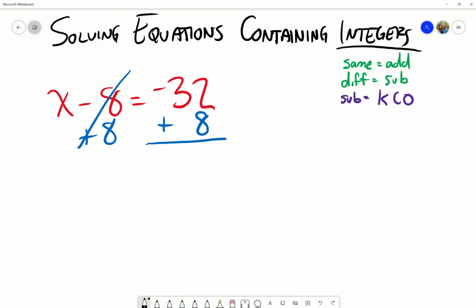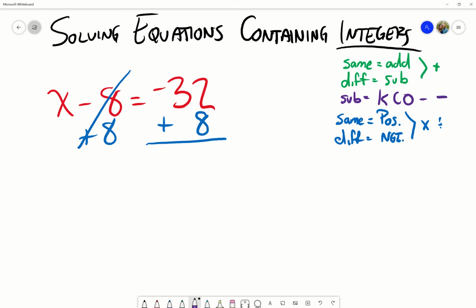And when we're multiplying or dividing, same signs equal positive, different signs equal negative. This is only for multiplication and division. This is for addition, and this is for subtraction.